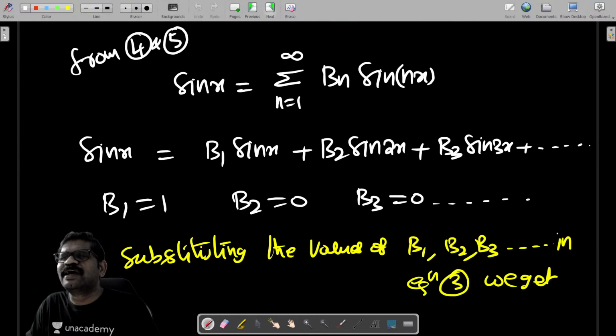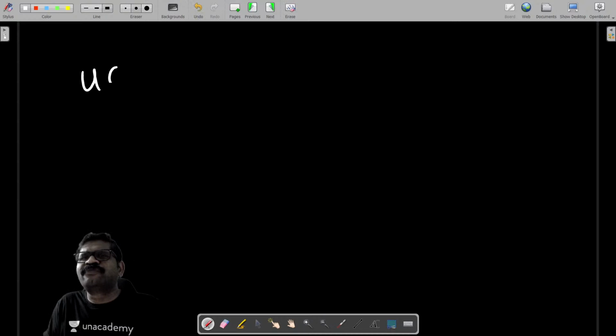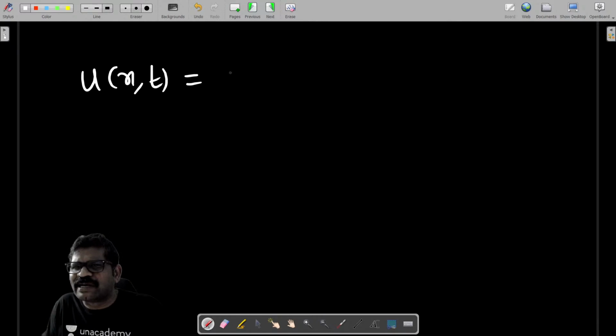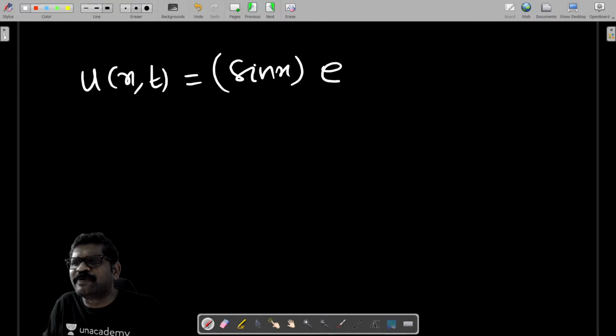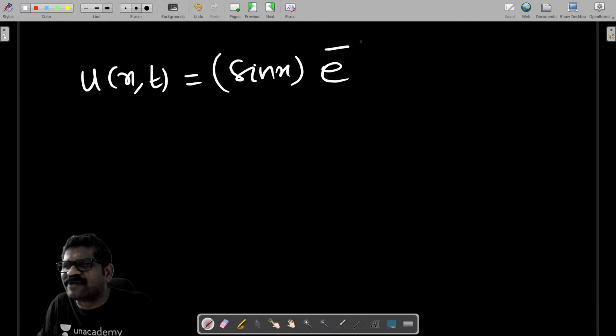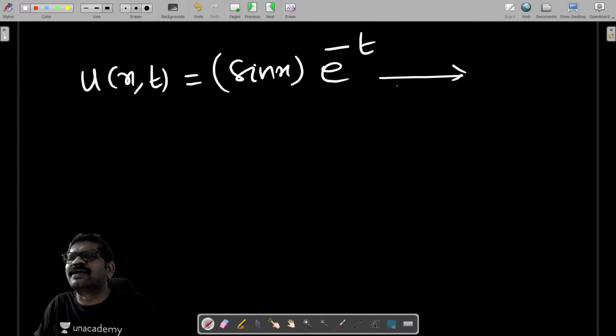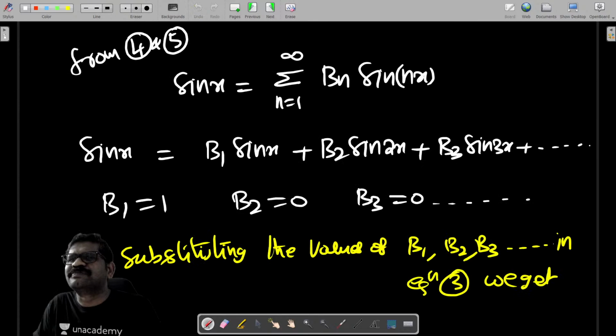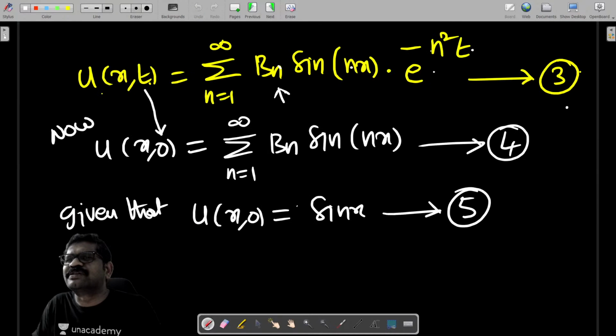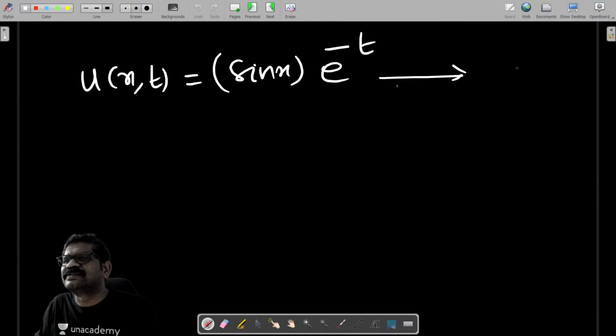That's why I am going to write u of x comma t equal to b1. b1 is 1. 1 into sin x into e power minus n square t. N value 1. Therefore t, e power minus t. This is general solution of the given differential equation, the given heat equation, that is equation 6.